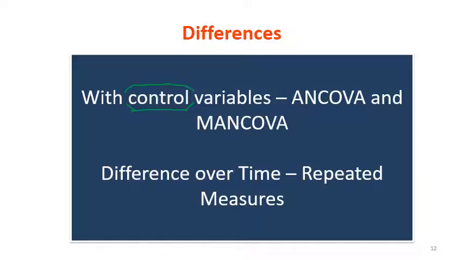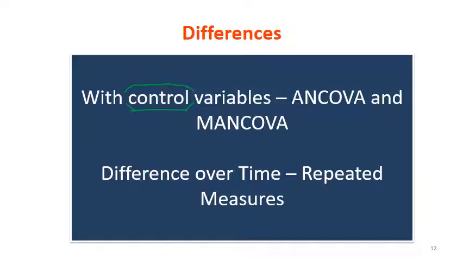So, for instance, if we want to study whether there is a difference in purchase intention between levels of geographical areas that we stay in, one of the variables that we're not interested in studying but could have an effect on the study could be personal income.